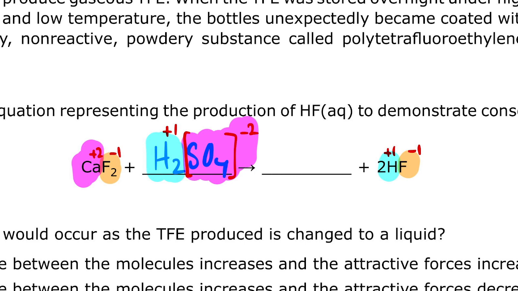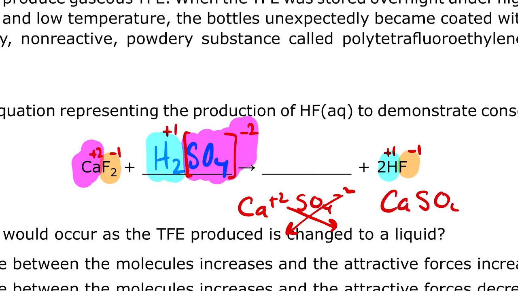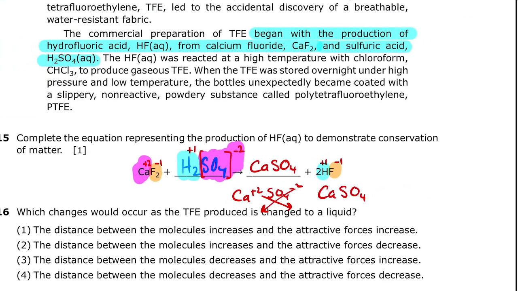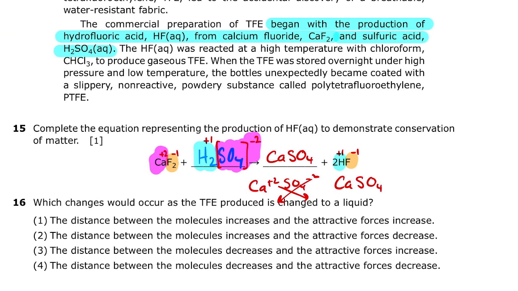When you do the crisscross, Ca +2 and SO4 -2, you will get CaSO4. All right, so that is your equation. It doesn't ask you to balance it. Actually, it balances it for you because they put the 2 in front. So you're good to go here.